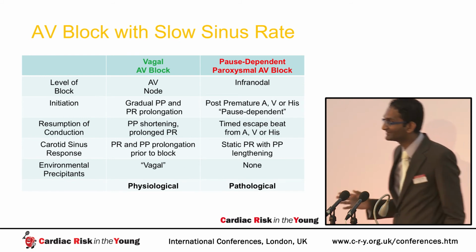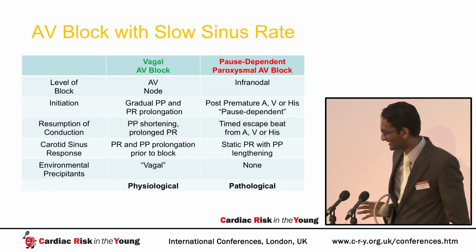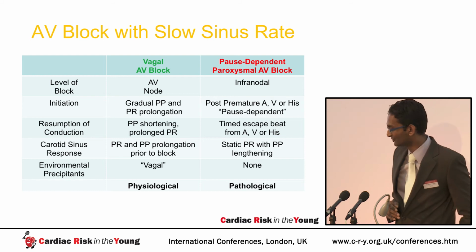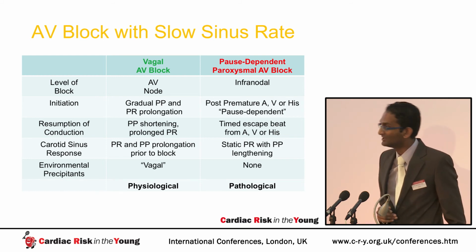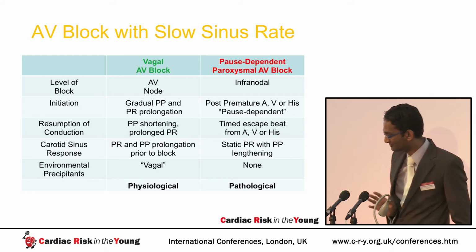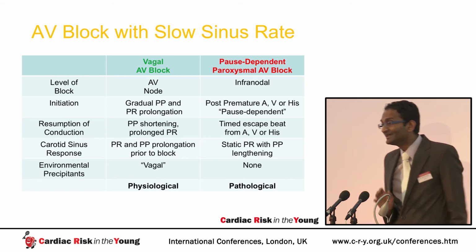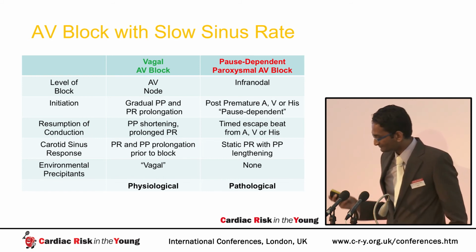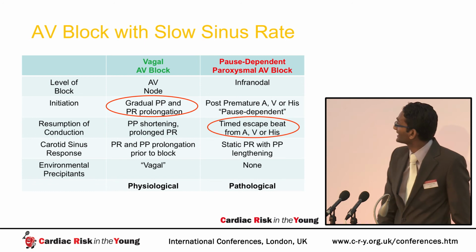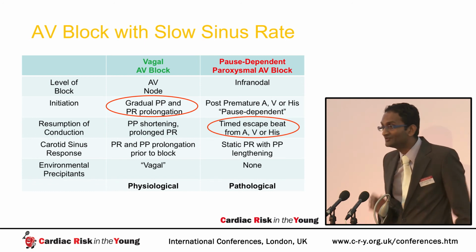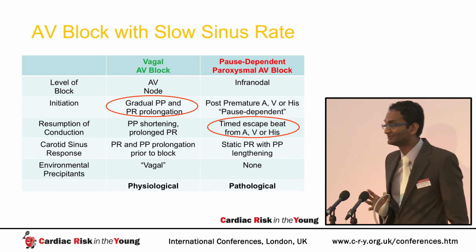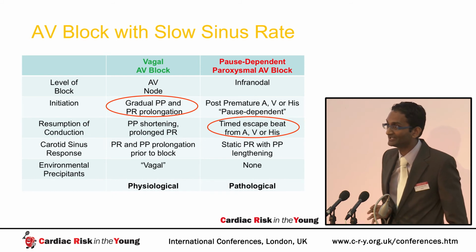However, as in everything with medicine, there is always a caveat, and there is a condition called pause-dependent or phase 4 AV block, which should be differentiated. In very simple terms, the major differentiating factor is this: if you have gradual PP and or PR prolongation at the beginning and end of the period of block, it's almost certainly vagal.